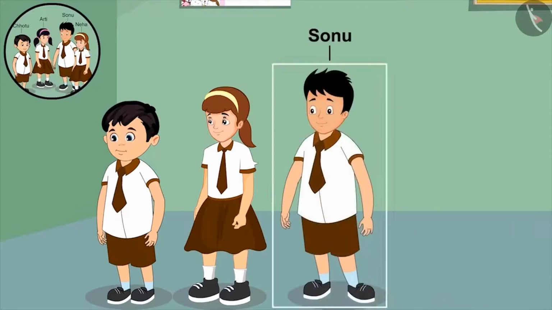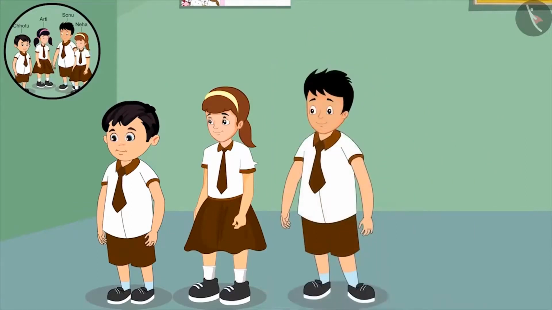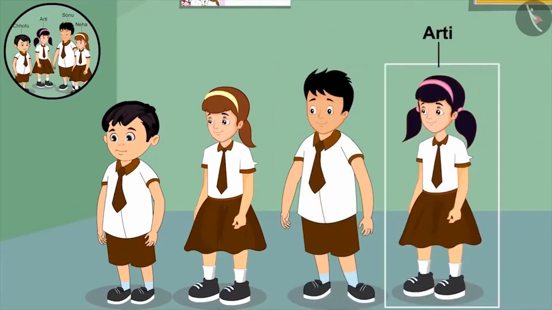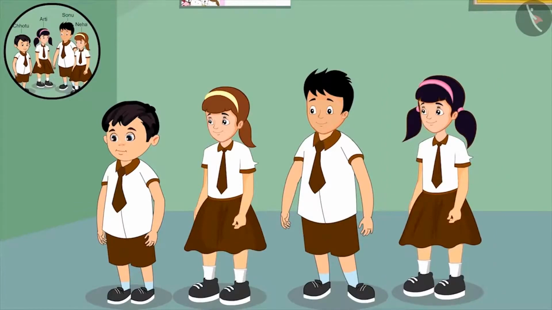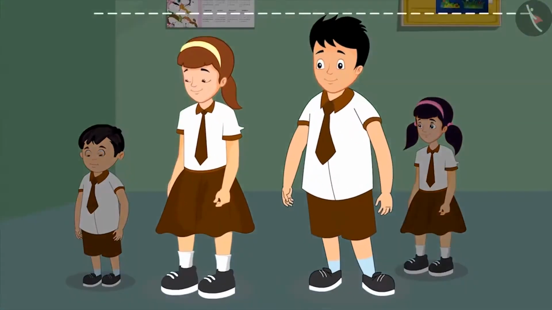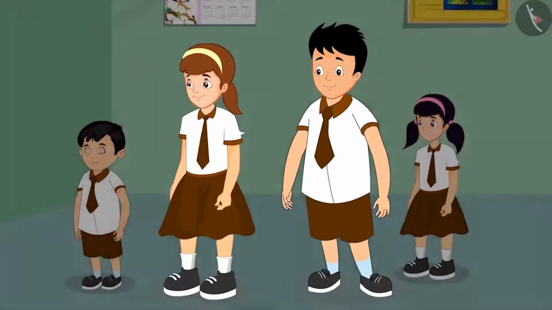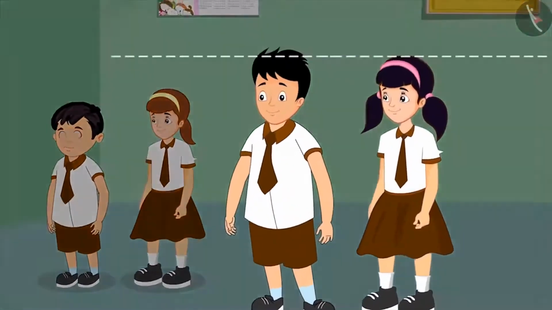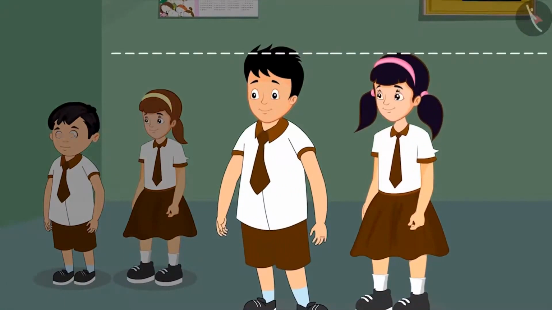Sonu stands behind Neha. Then finally, Aarti stands behind Sonu. But Sonu just notices that he is taller than Neha, but fails to notice that Aarti is shorter than him.